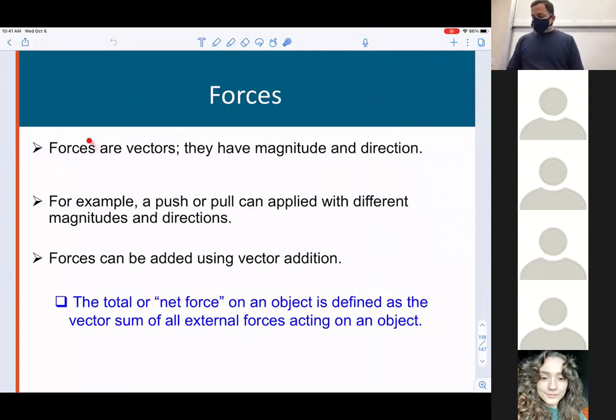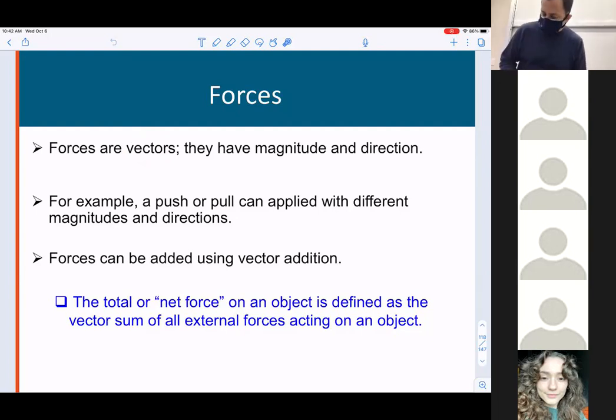Forces are vectors. They have magnitude and direction. So you can have situations where there are multiple forces acting on something, and you want to find what is the total force on it. It really boils down to a problem of vector addition. So all this technology of vectors, decomposing them into their components, all that kind of stuff will come back again.